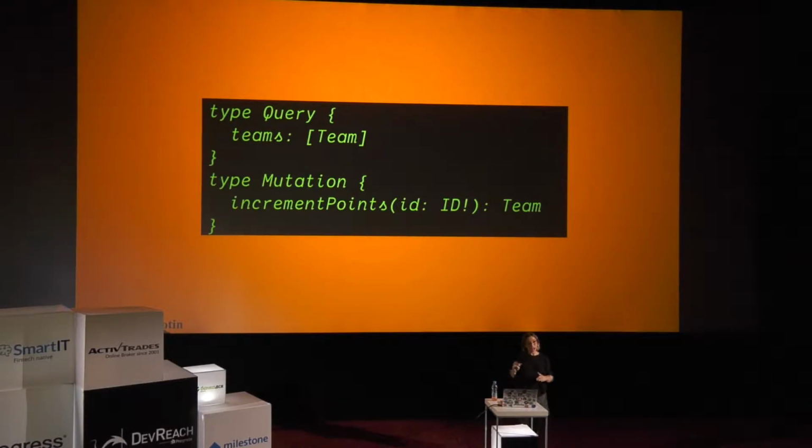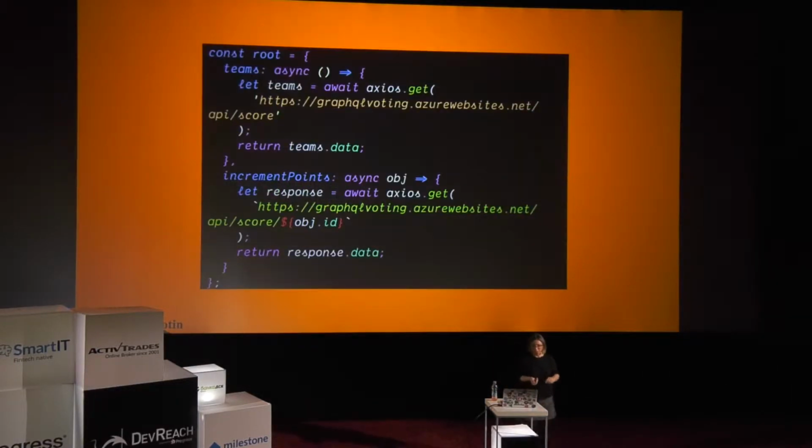The type mutation allows us to update data on the backend. And again, we define the name of the operation and the type that's being returned by that. And that was a contract, almost like an interface. And this is how we would actually go ahead and implement those operations. So we have to define a way to retrieve that data.